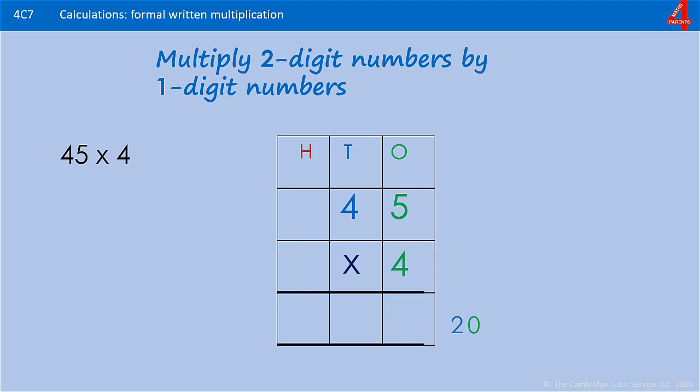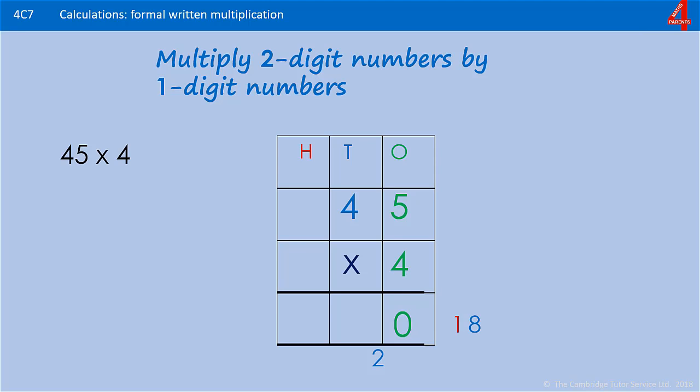In the number 20 we have no ones, so that's what goes in the ones column. And we have 2 tens. We carry that over, we put it underneath because we're going to add that to the next column. Looking at the next column, we're now saying 4 times 4. 4 times 4 is 16, but remember we have to add on that 2 that we carried over, which is 18.